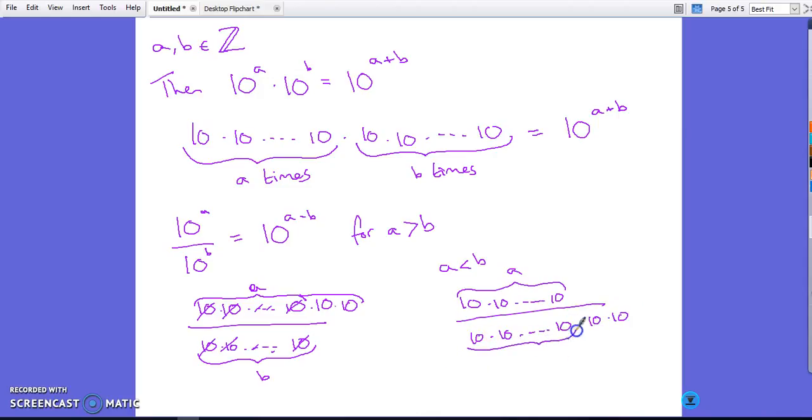Then we could cancel each of these with each of these. We'd be left with a 1 up here. So we'd be left with 1 over 10 to the power of B minus A here.